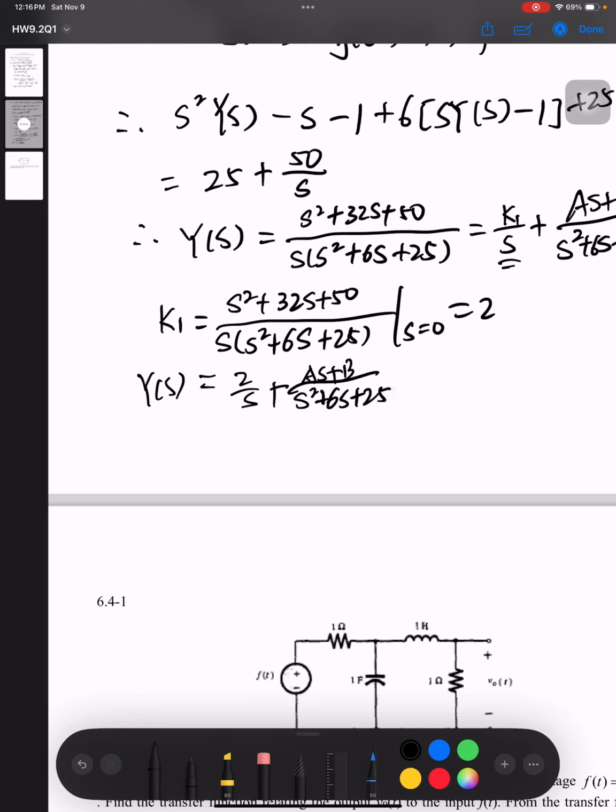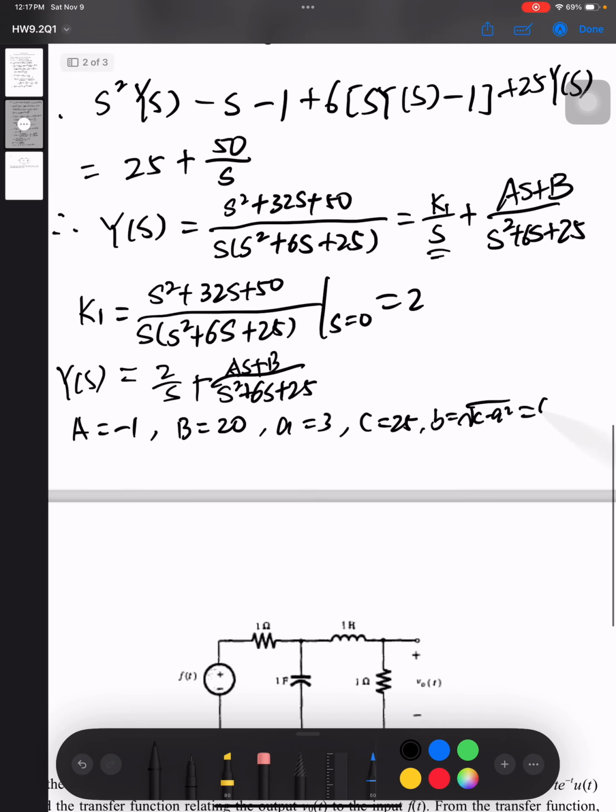And here we need to use that table, and we can get a equals minus 1 and b equals 20, and alpha equals 3 and c equals 25, and beta equals the square root of c minus alpha squared, which equals 4.